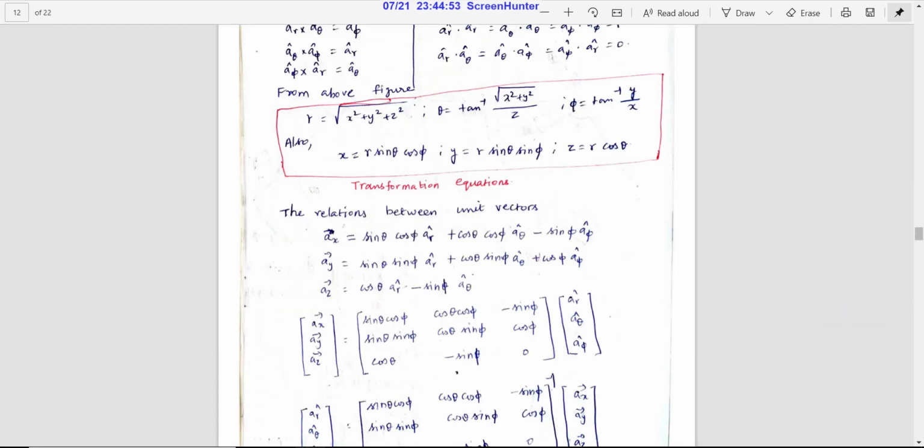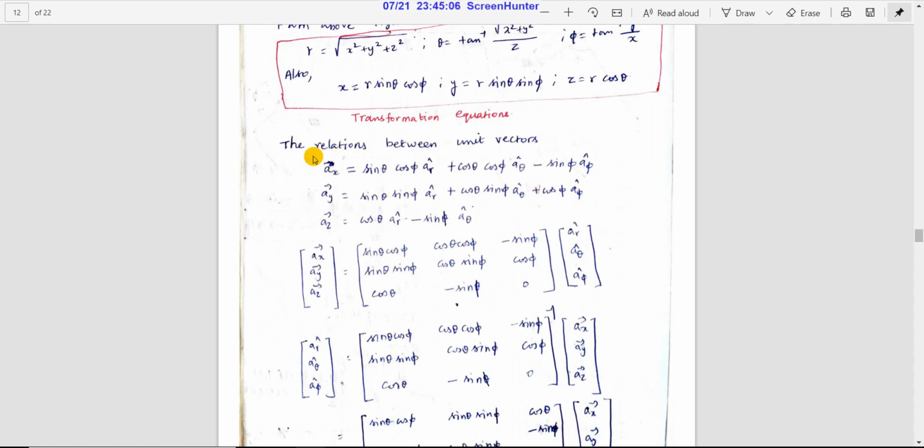As we have seen in our notes and in the first unit's vector analysis part, we have defined a relationship between AX, AY and AZ and the other components of the spherical coordinate systems. We have defined these three equations, and we know how we have derived them.